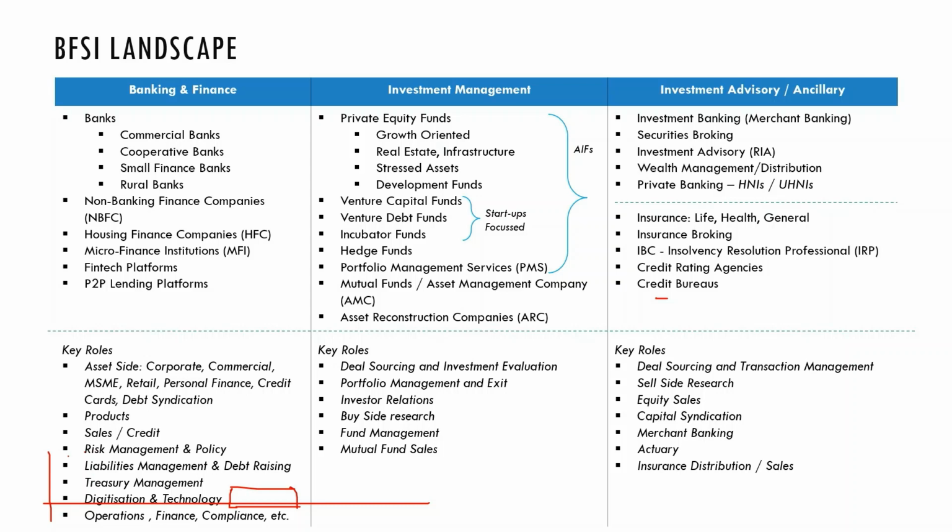A lot of alliances with other fintechs, and they're always on the lookout for what technological advancements are going on in the industry. So again, a very interesting role, and if you have a knack for technology and finance, I think this is a good place for you to be.